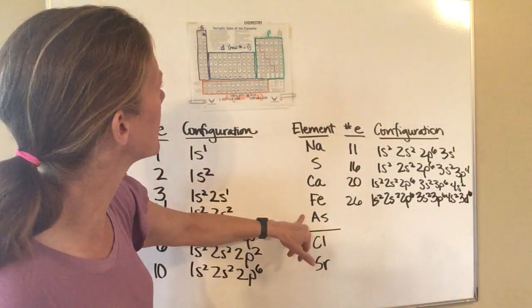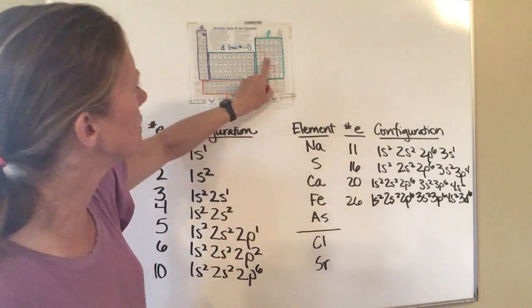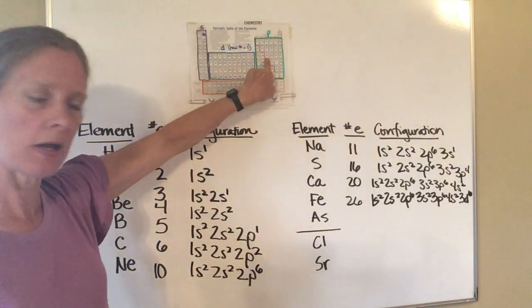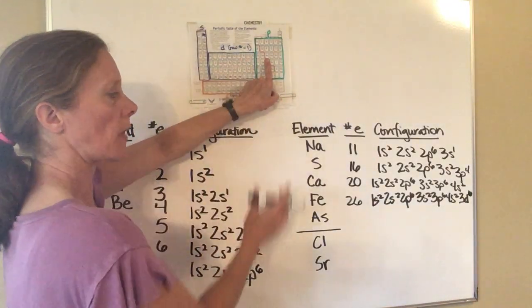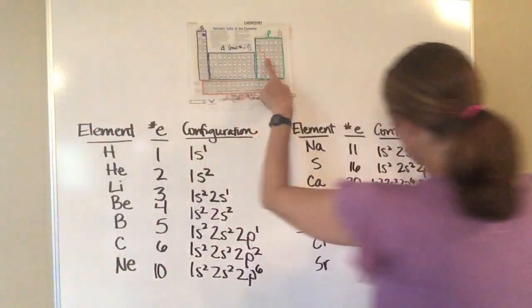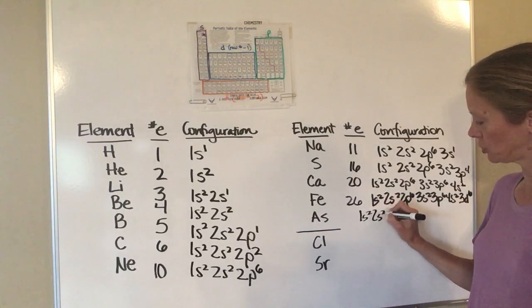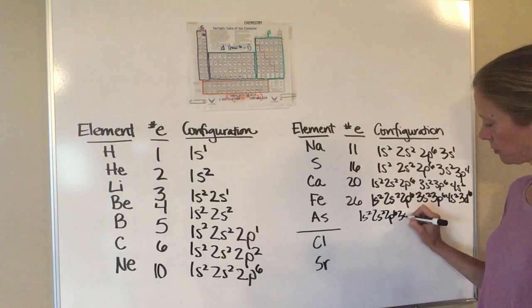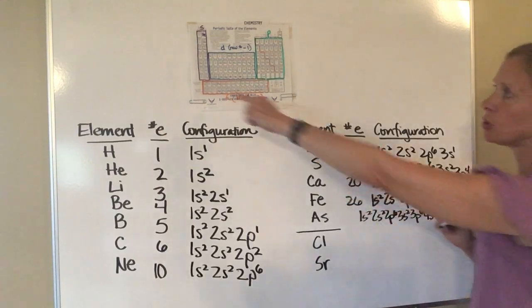Arsenic. Okay, arsenic is right here in the P block. Now, it's in the same row as iron, so everything should be the same as I get all the way up there. So I'm going to have 1s2, 2s2, 2p6, 3s2, 3p6, 4s2.